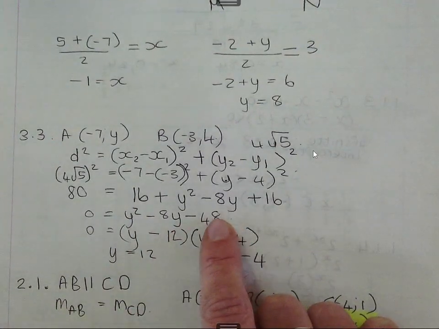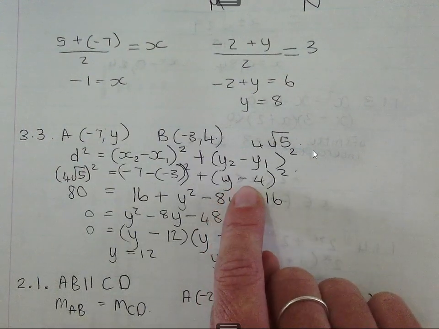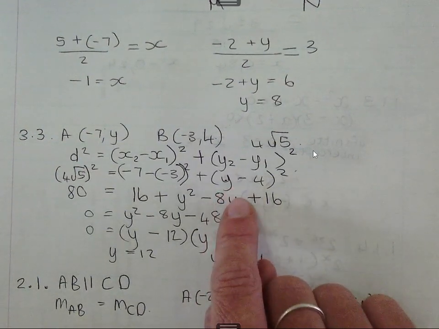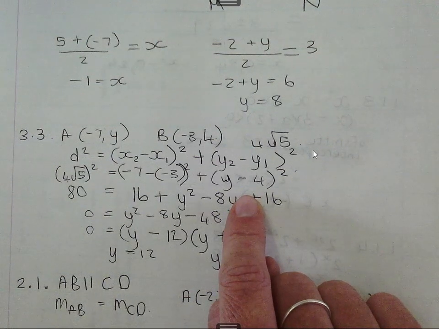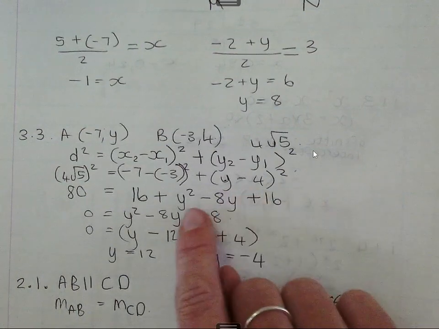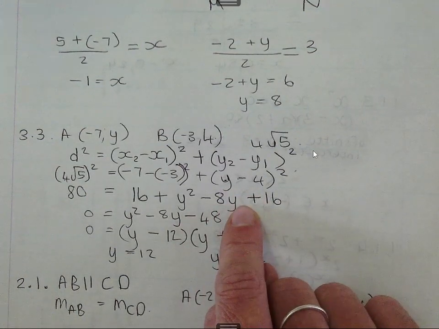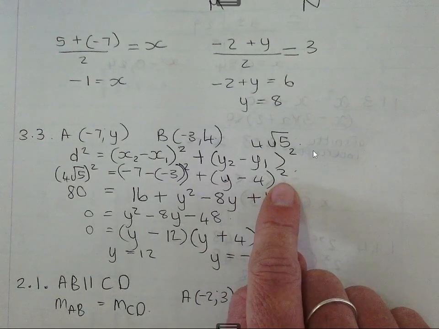Now I want you to look at me and tell me who squared this to y plus 60. Nobody. Did you square that binomial to become a trinomial? Y squared plus 16. Who said that?